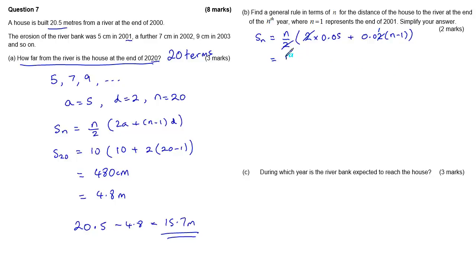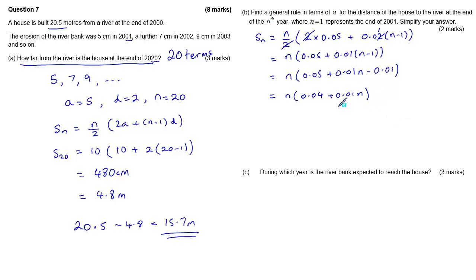So that would be n into 0.05 plus 0.01 (n minus 1). So that's n into 0.05 plus 0.01n, take away 0.01, which is n into 0.04 plus 0.01n. So that's the amount of erosion.